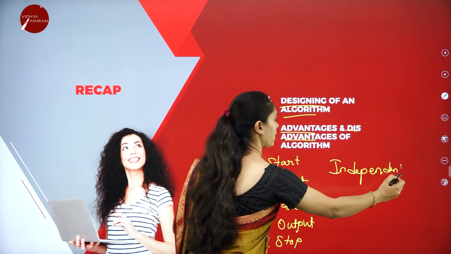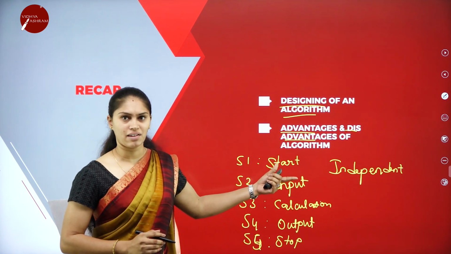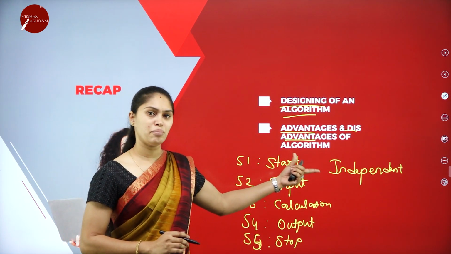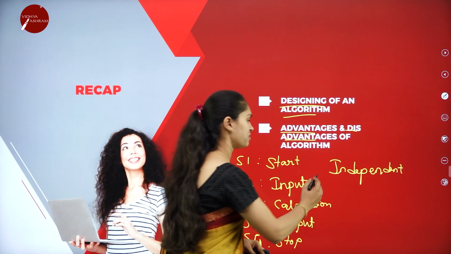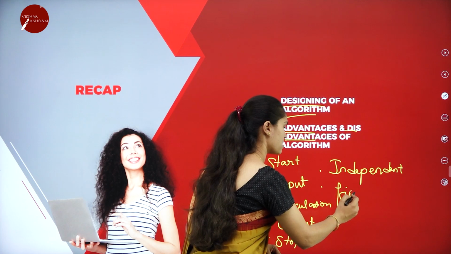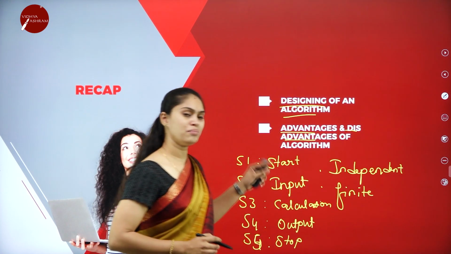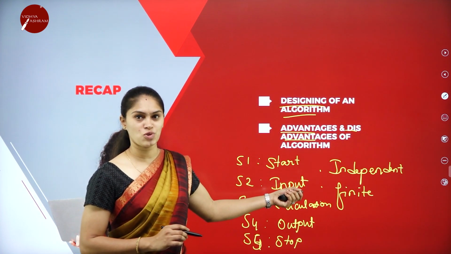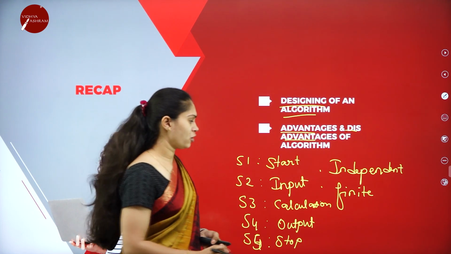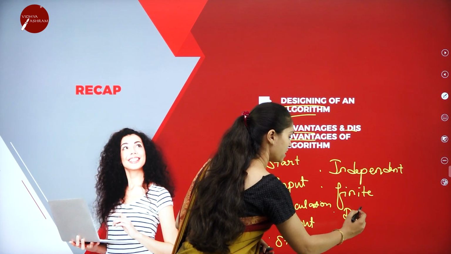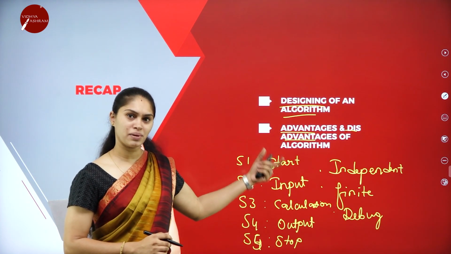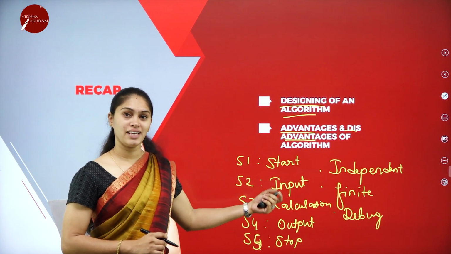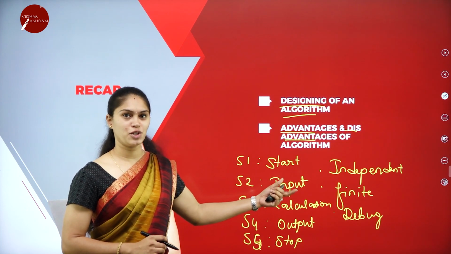It does not depend on any of the programming languages. And it has a finite number of stages. So at one point of time, it has to stop its execution, and it will be easier to debug. That is, it is a step-by-step procedure so that any error occurring in a particular stage will be easily rectified. That is easy to debug.